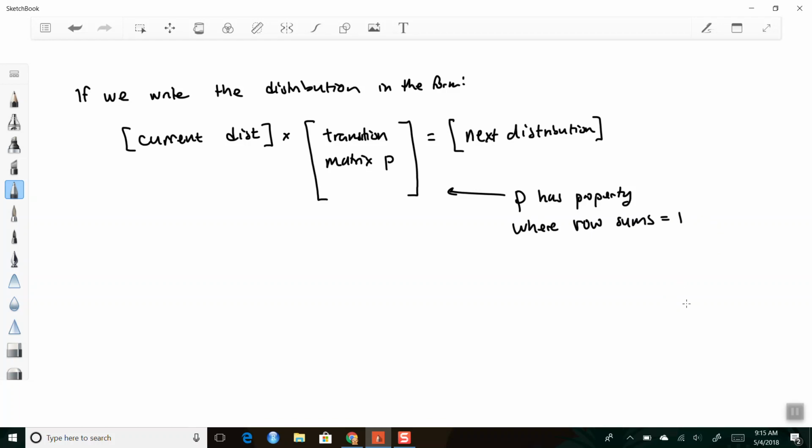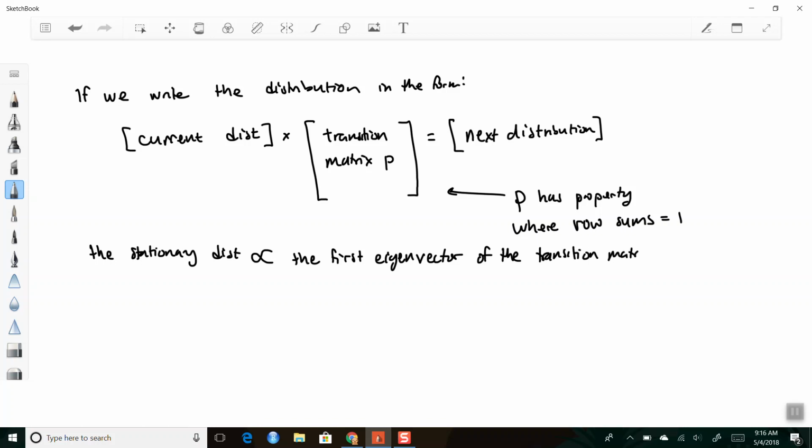So if the row sum equals 1, then the stationary distribution will be proportional to the first eigenvector of the transition matrix. Well, let me see. Is it always going to be the first?